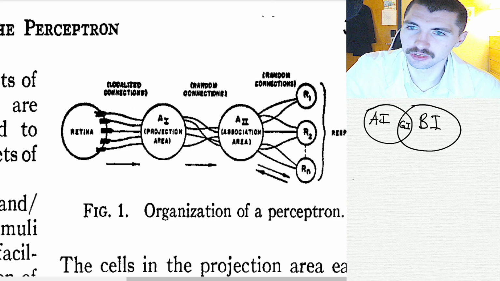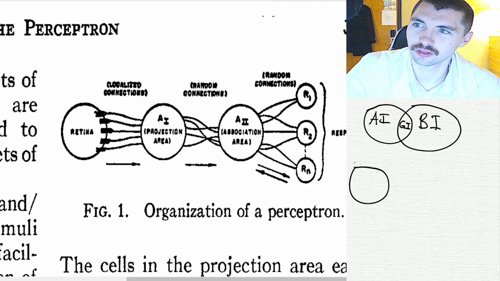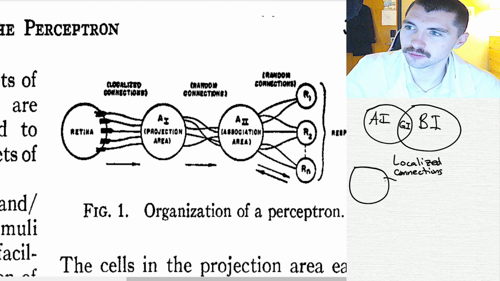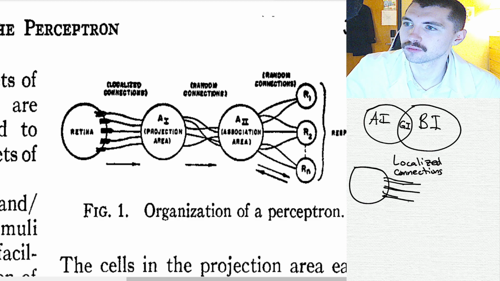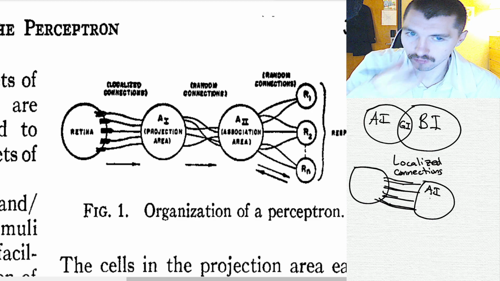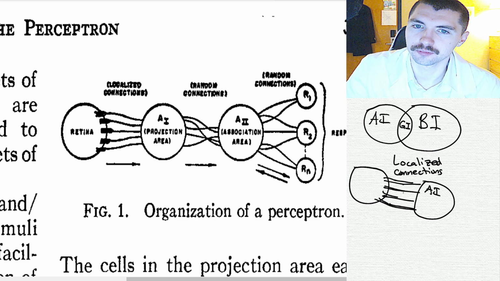Okay, so let me redraw this. So he's saying the connections are localized. And then you have 2 layers of random.